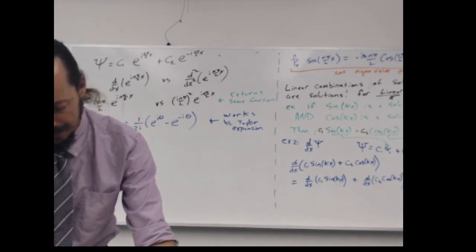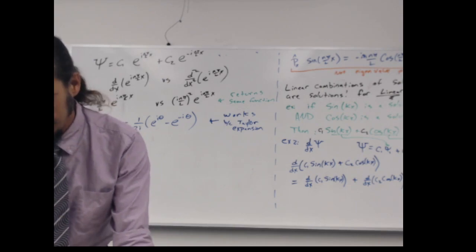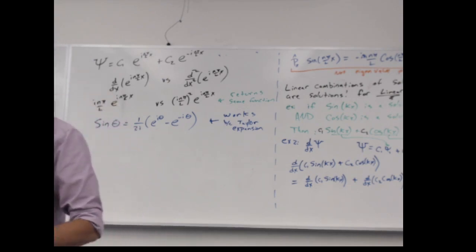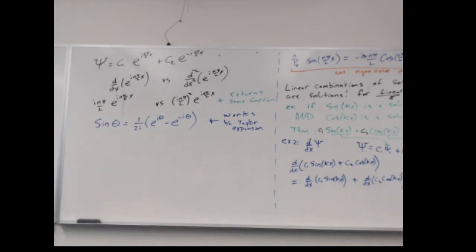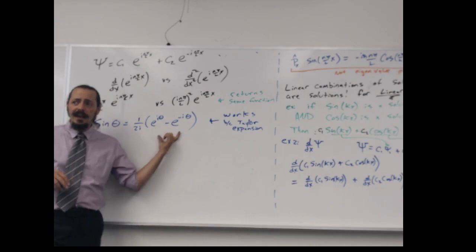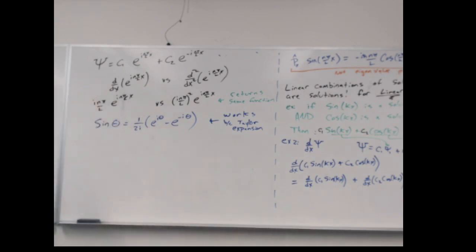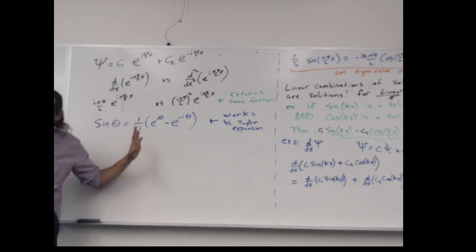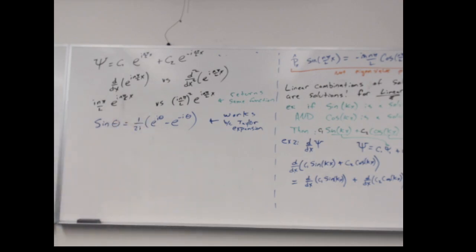I could go through it if you really wanted to, but again, do it at home, do some Taylor series expansions. It turns out that we can rewrite sine of theta as imaginary exponentials. These imaginary exponentials are like oscillating sine parts. That's the way the math works out.